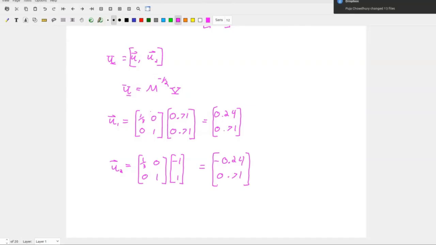What do you think it should be? Negative 0.71, 0.71, for the second one? For U2, the 1/3 0, 0, 1 times negative 0.71, 0.71 equals negative 0.24, 0.71. Oh, instead of negative 1 and 1? Yeah, that's correct. Thank you. That's negative 0.71, 0.71, like that, right? Yeah, I'll update those in the notes.